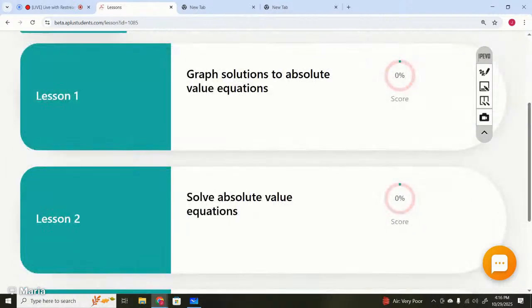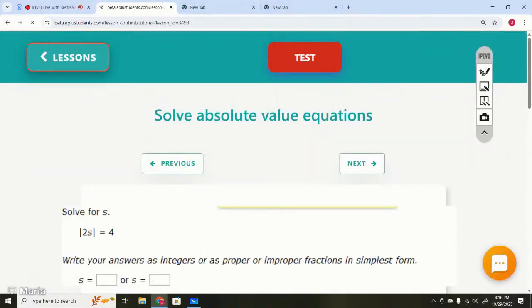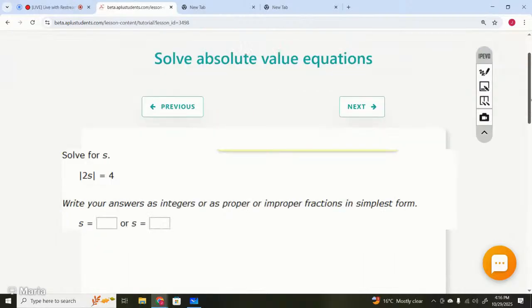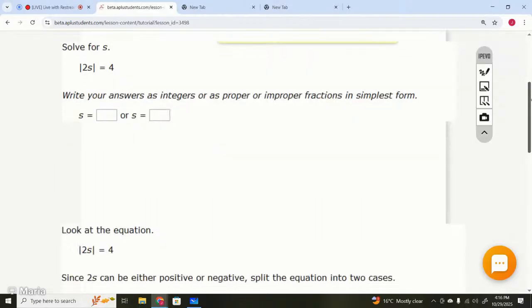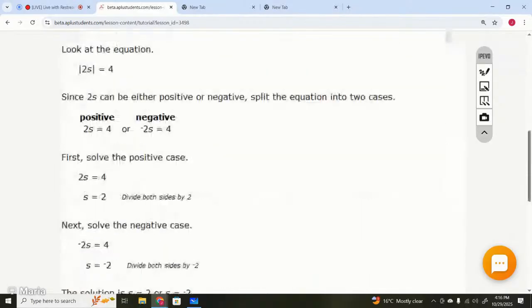The next lesson is solve absolute value equations. So the absolute value of 2s equals 4. So 2s can be either positive or negative. So 2s equals 4 and negative 2s equals 4.